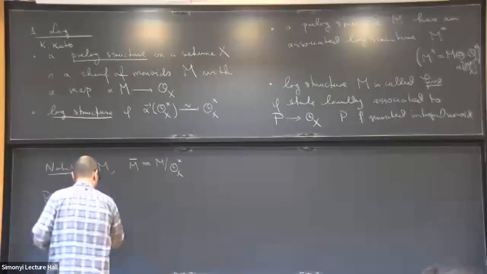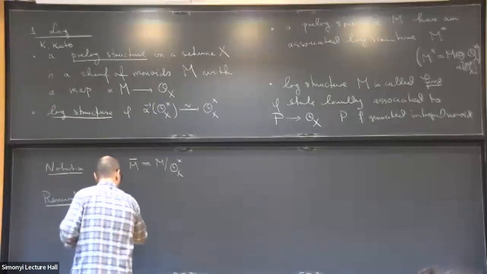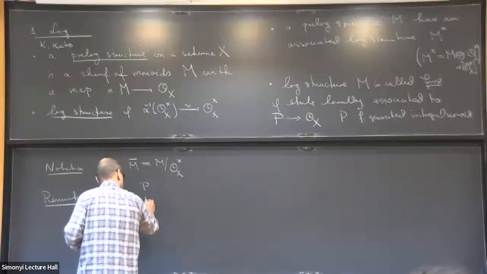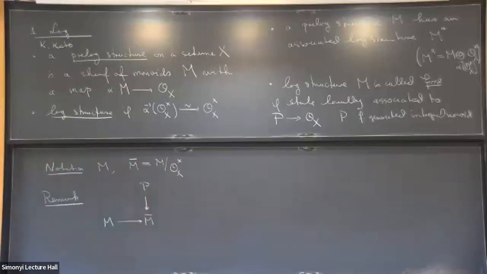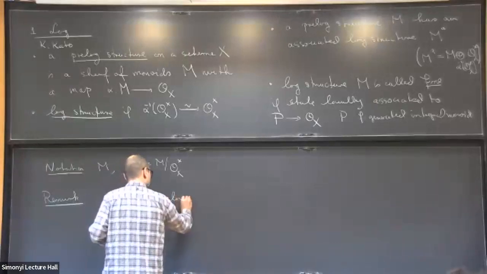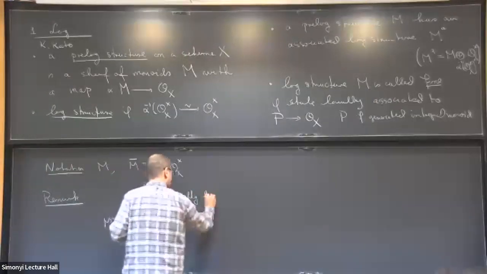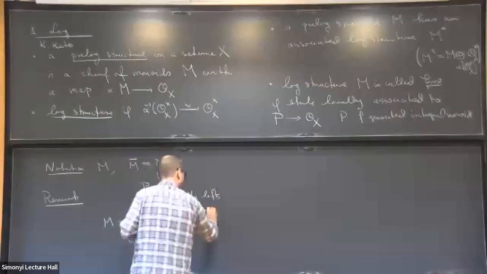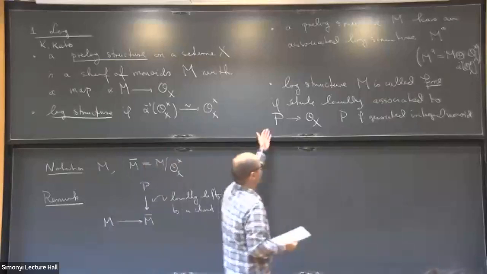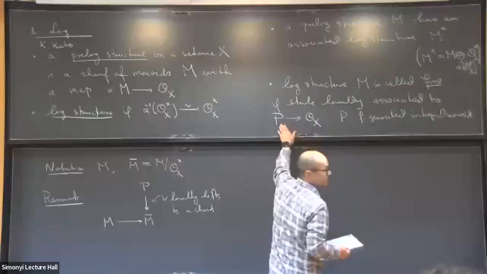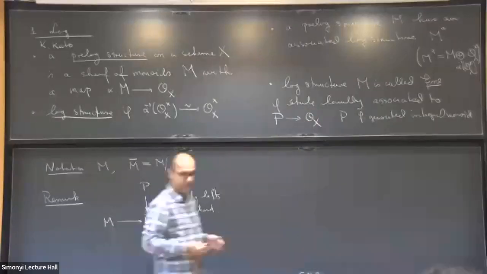Let's suppose we have a fine log structure. Look at M bar, and we have a map of monoids P to M bar, which I assume locally lifts to a chart. Meaning, when you fix a monoid P and the log structure associated to a map like that, I'll call that a chart.